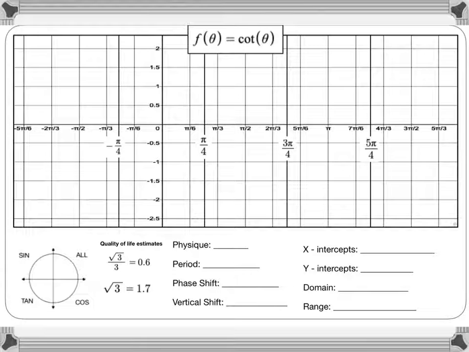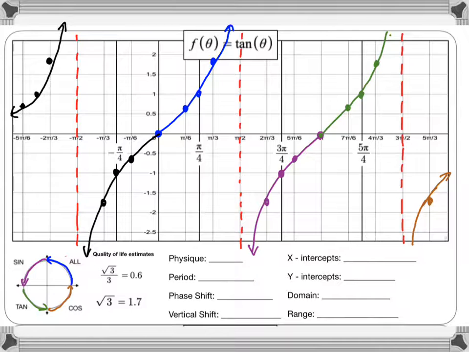Alright, in this video we're going to be serving up a healthy dose of cotangent graphing here. And what I want to do, real quick, is show what our tangent graph looked like. Now, cotangent, you have to remember, is the reciprocal of tangent.